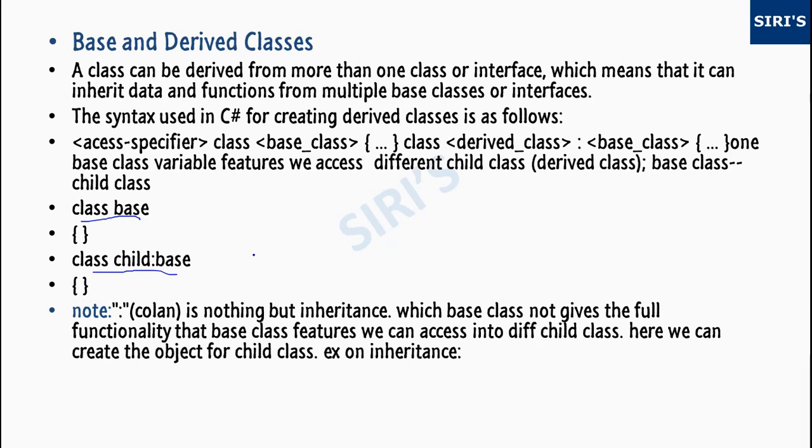Please note the colon is what denotes inheritance, which gives the full functionality of the base class so that the base class features can be accessed in the different child class. Here we can create the object for the child class. Here is an example for inheritance.